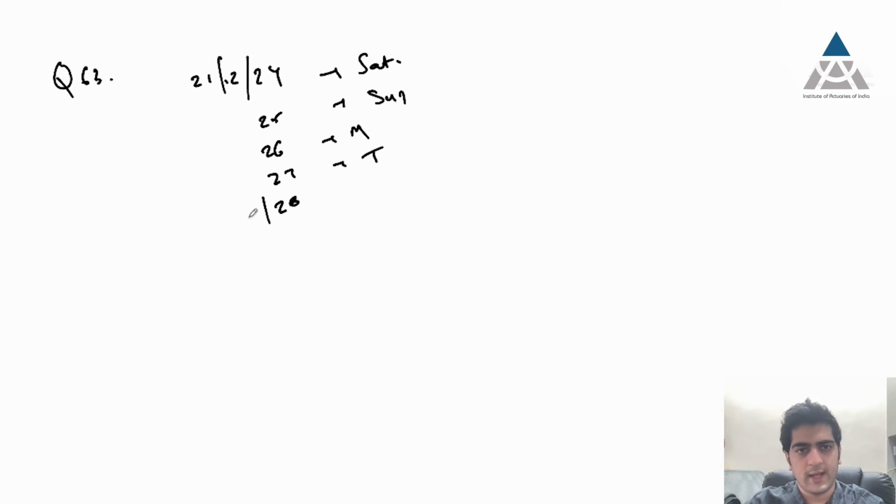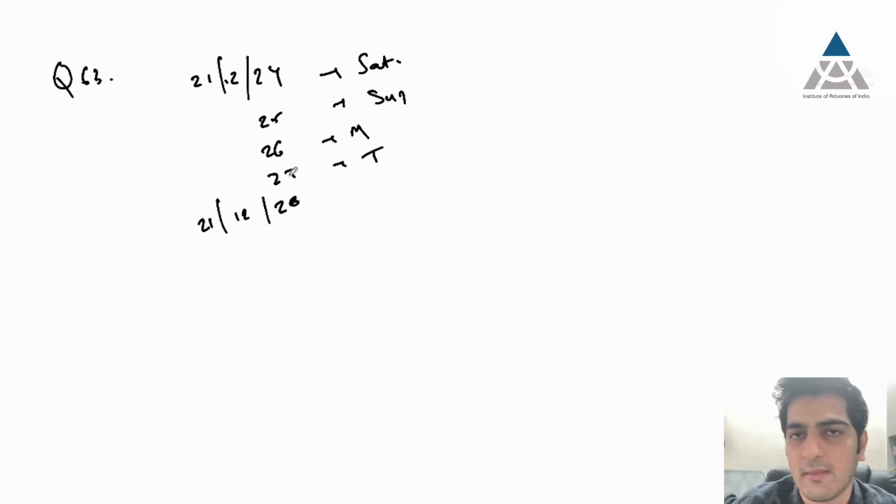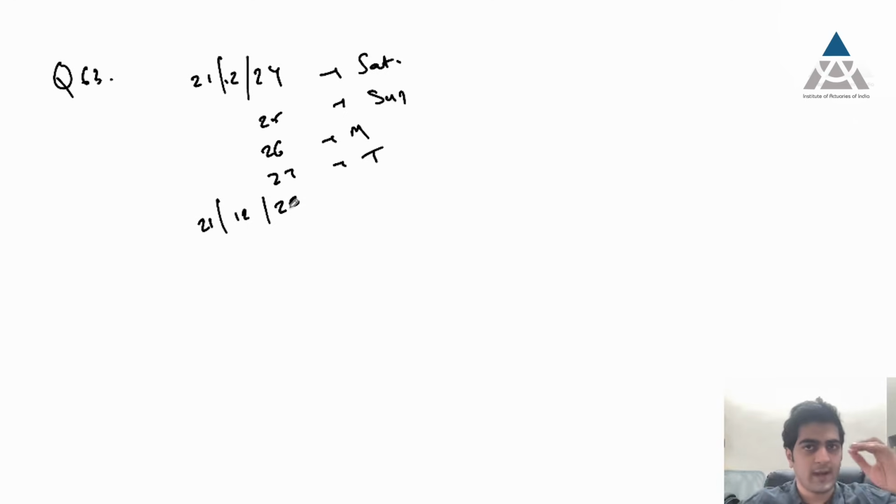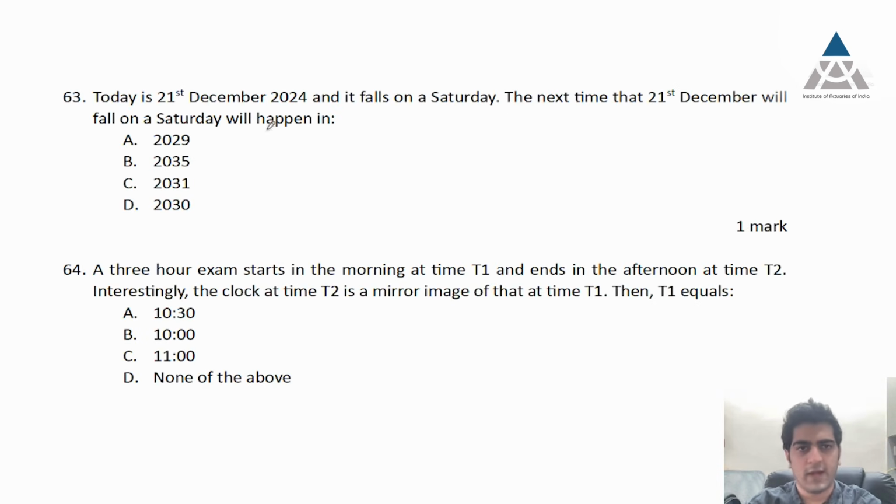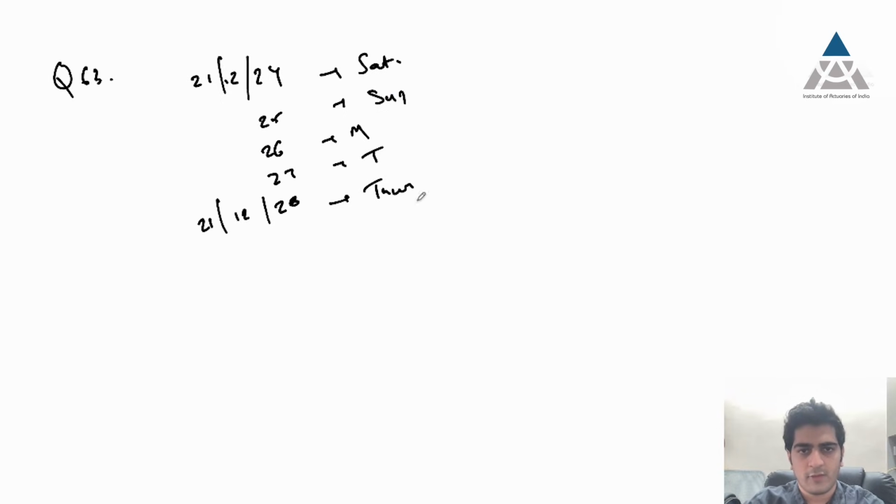Then you get to 28. So 21st December 28. Understand, between 21st December 27 and 21st December 28, you will have an additional day. That is 29th February 2028, the leap year. So instead of Wednesday, now here you will have Thursday. Remember the question is, when will 21st December fall on a Saturday? So we have come to Thursday.